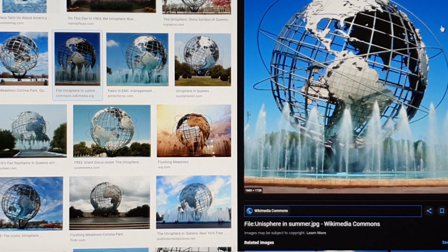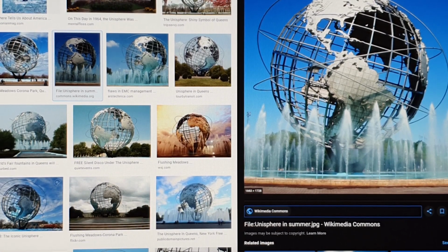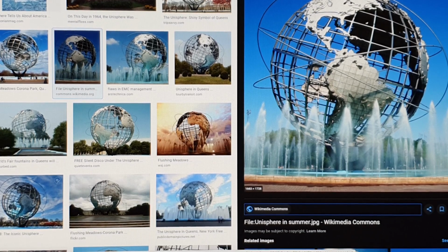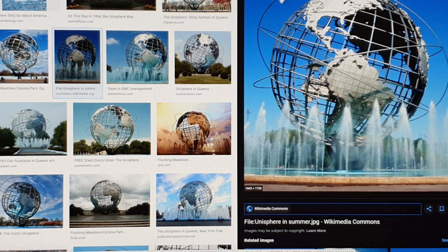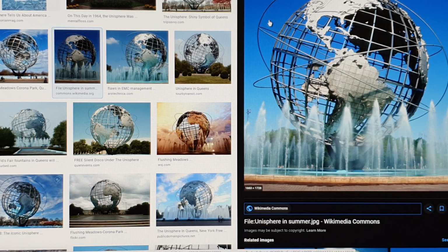One of the other symbolic things of this Unisphere is these rings around it. I'm not quite sure what that's supposed to represent. Whether it's supposed to represent satellites, or maybe some variation on the themes of the atomic symbol.